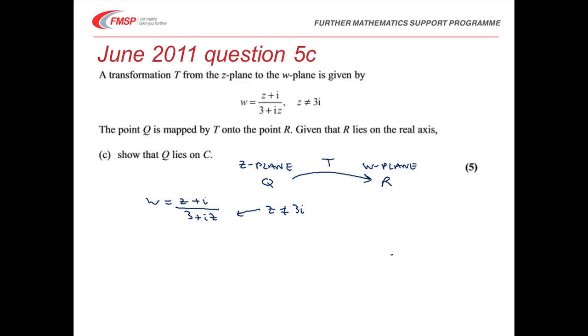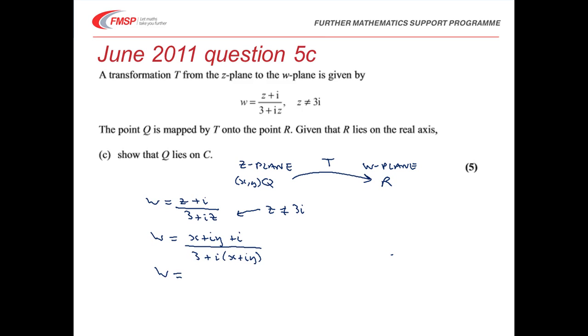So what we need to know now is what T is going to do to a general point on the z-plane. And that general point, Q, I'm going to call (x, y). So W is going to be (x plus iy plus i) over (3 plus i times (x plus iy)). It's worth simplifying this before we go any further.